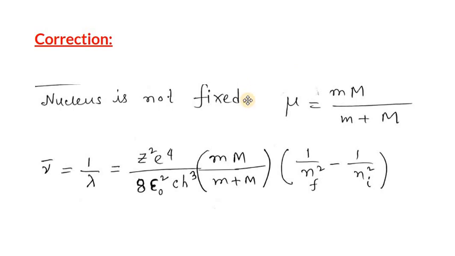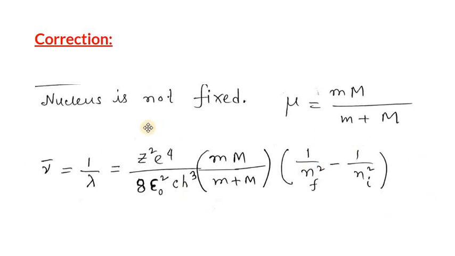So that's why we need to take another concept, that of reduced mass. Reduced mass means the mass of electron multiplied by the mass of nucleus, divided by the mass of electron plus the mass of nucleus. So we just need to put the value of the reduced mass in the place of m, the mass of electron, and you will get the same equation.